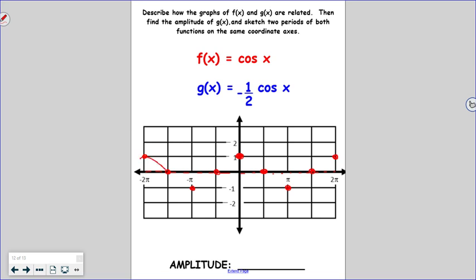And then the amplitude of 1/2 with a reflection means every time I leave my midline, it'll be a distance of 1/2. But the reflection part of it, remember that means I flip it over my x-axis. So instead of starting above, because of a reflection on a cosine curve, we get rid of that.